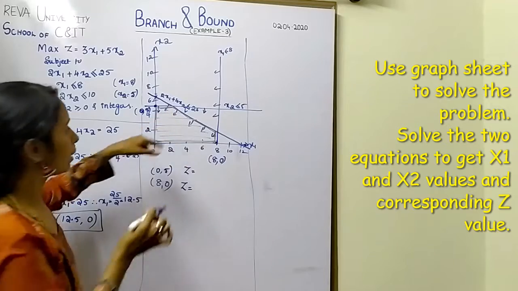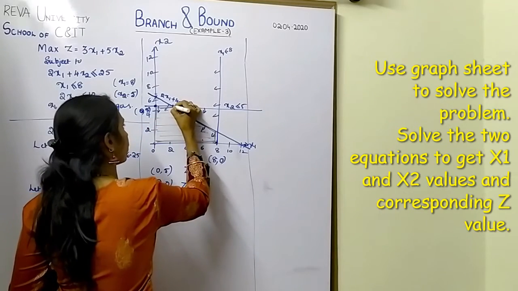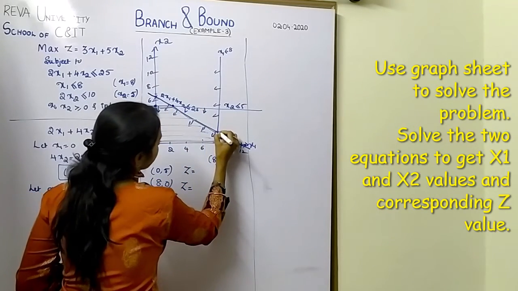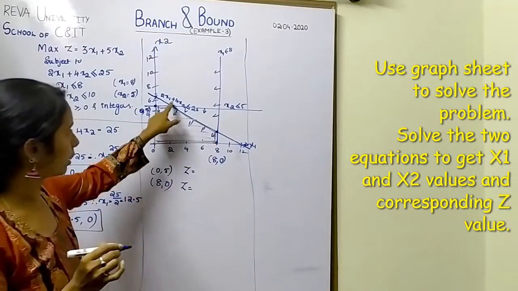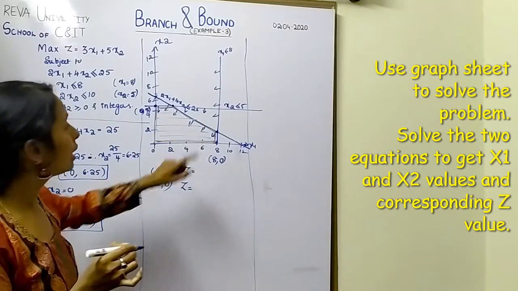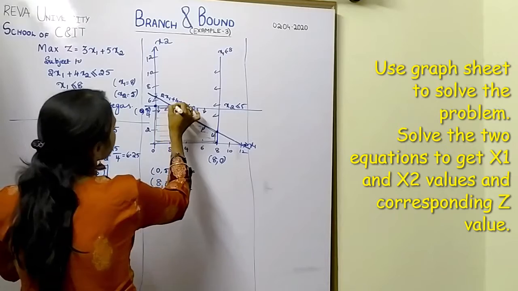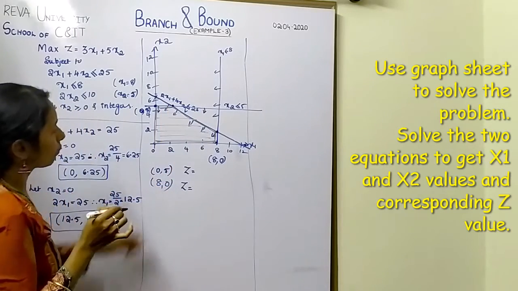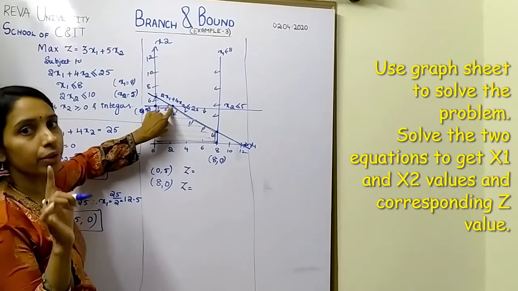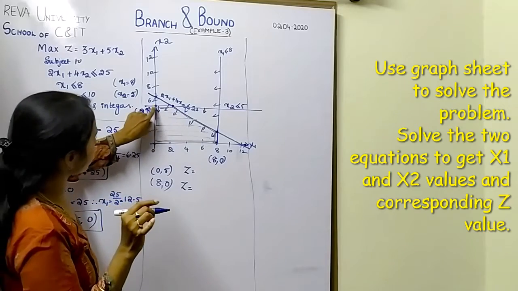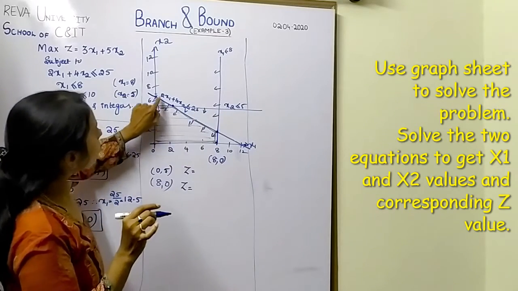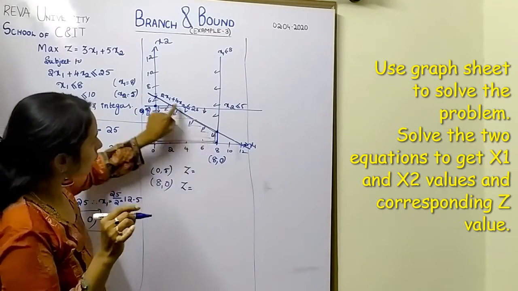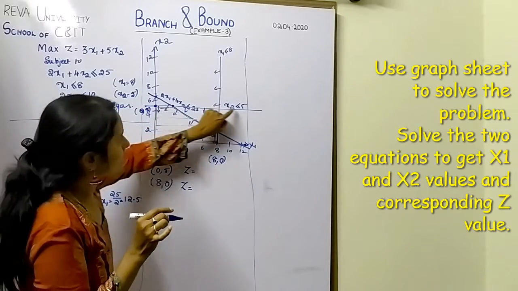Next we have to find out the value of this intersection and this intersection, because this is also part of our feasible region. To find the value for this, how will you find it? This point you get from the intersection of two equations: this equation as well as this equation.